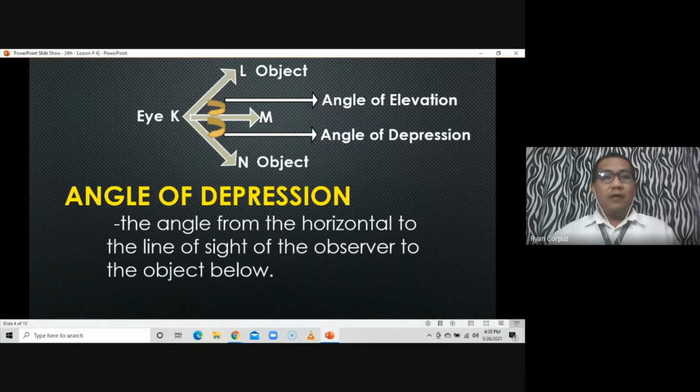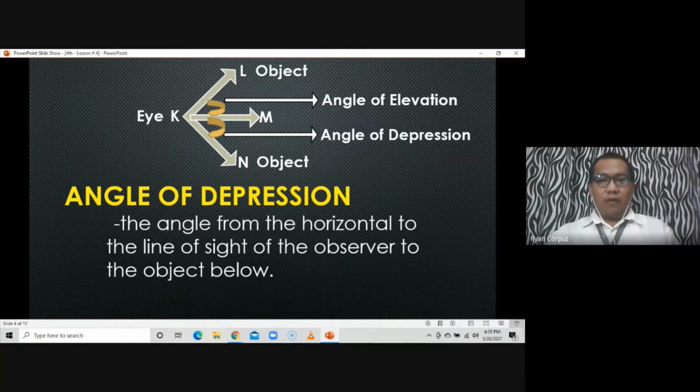Sine is equal to opposite over hypotenuse, cosine is equal to adjacent over hypotenuse, while tangent is equal to opposite over adjacent. So basically, those three basic trigonometric ratios yung ginagamit natin in order for us to solve problems which involve angle of elevation and angle of depression.